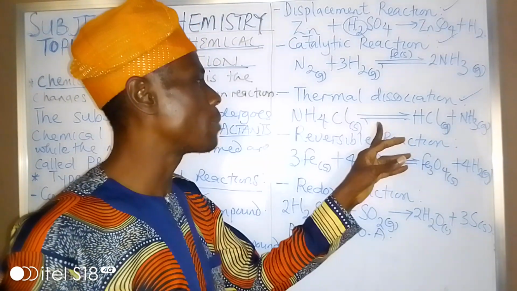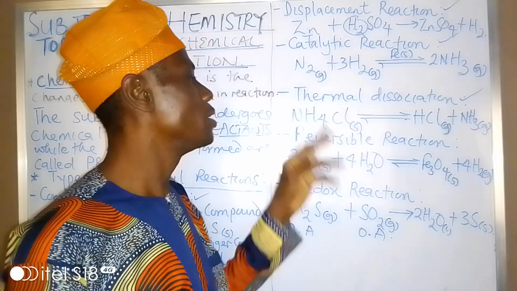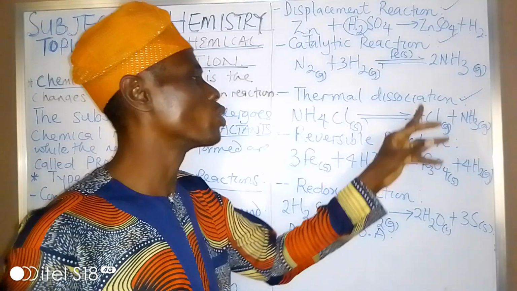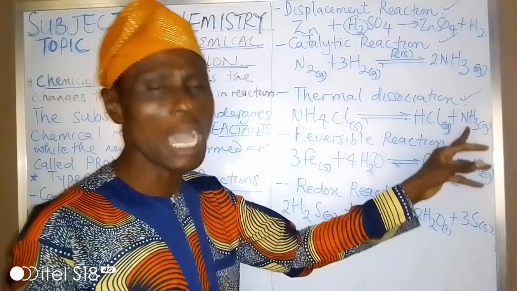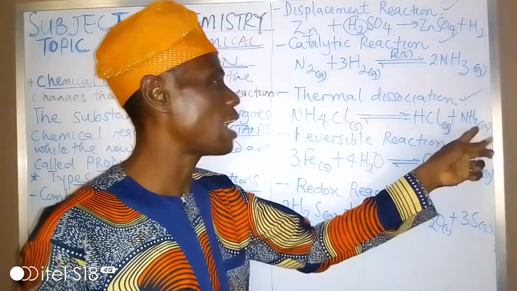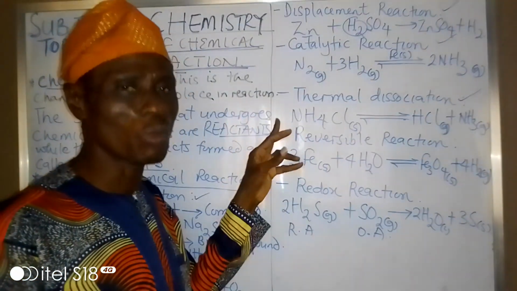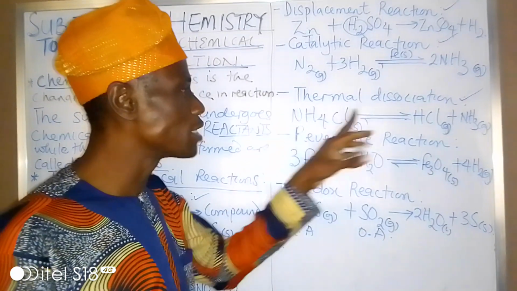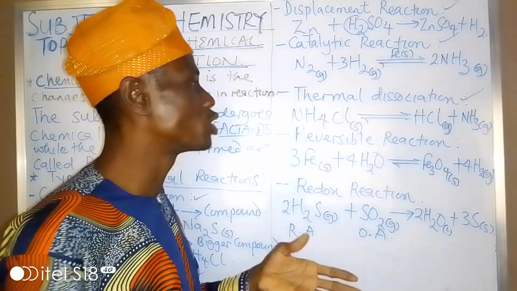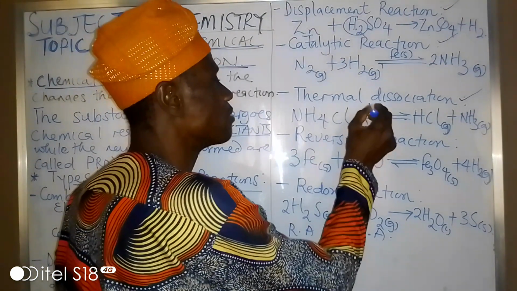So thermal dissociation is a form of reversible reaction, whereby ammonium chloride splits into hydrogen chloride gas and ammonia. That means hydrogen chloride gas and ammonia can combine again to form ammonium chloride. So this is a form of thermal dissociation.